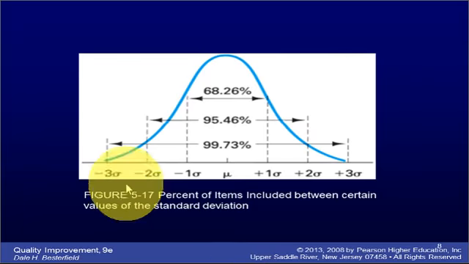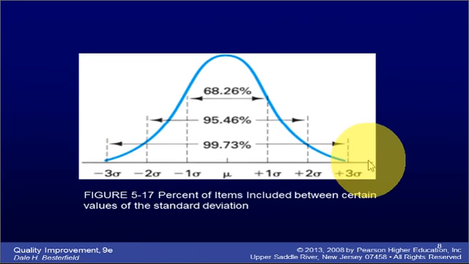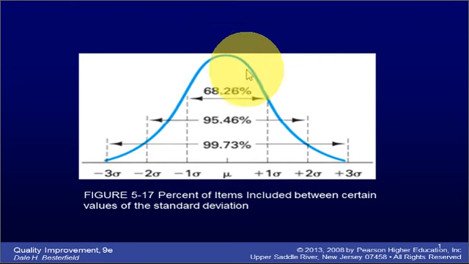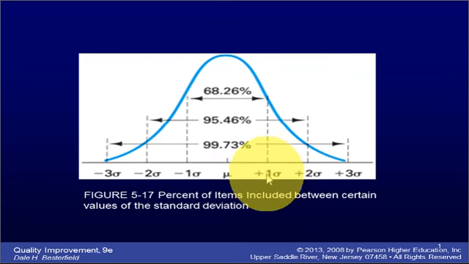So let's have a look at this normal distribution. Here is the graph for a normal distribution, and mu stands for the mean. It's in the center, and plus 1 sigma means the data point at mu plus 1 sigma, which is one standard deviation above the mean.